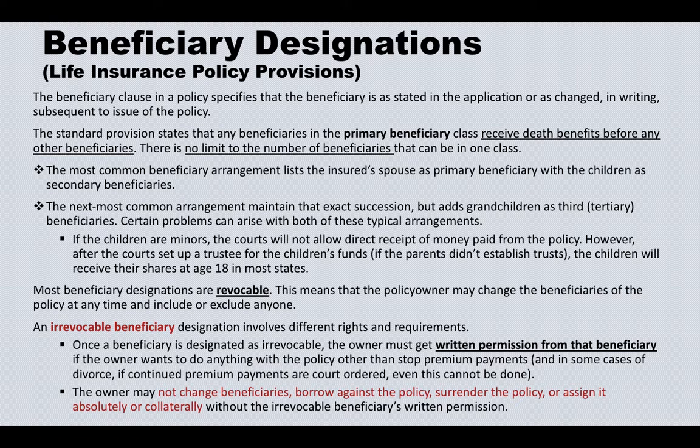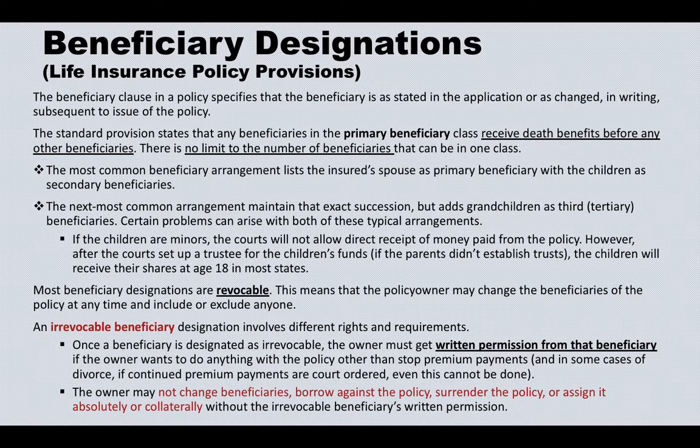If you have no other reasons, you probably don't want to set up an irrevocable beneficiary. If you have an irrevocable beneficiary on your life insurance, you cannot borrow against that policy. You cannot surrender it. You cannot assign it.